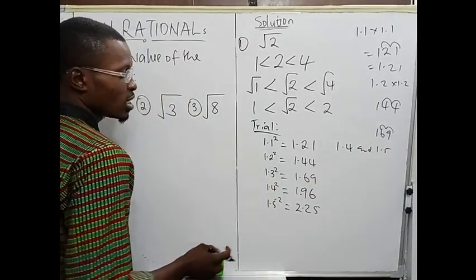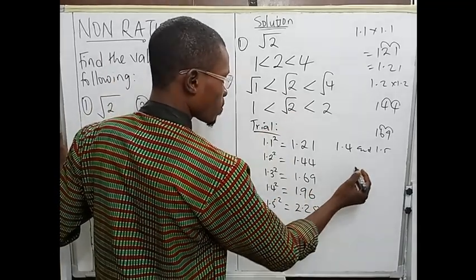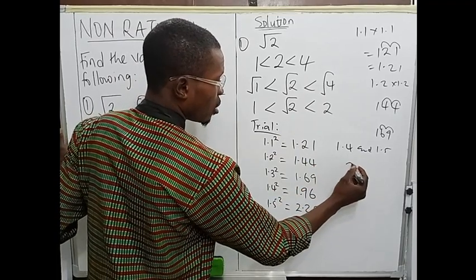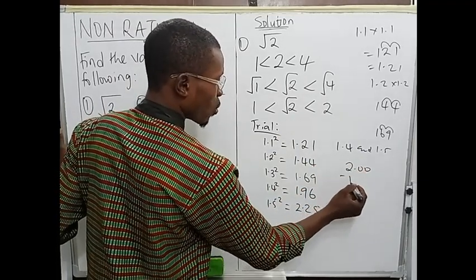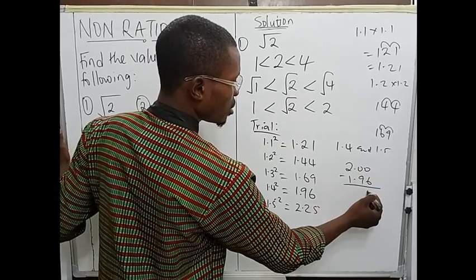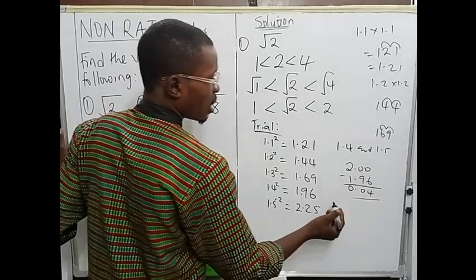All right. Now, between these values, let us find which one is closest to 2. We'll get that by finding the difference. 2.00 minus 1.96 gives us 0.04.